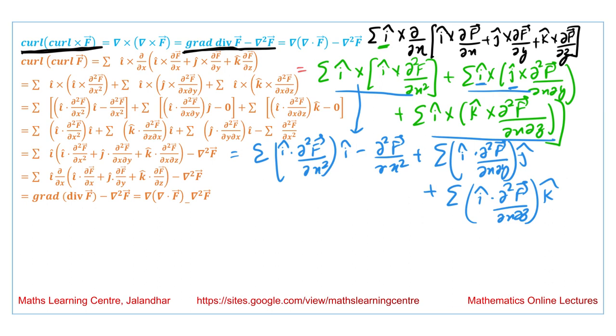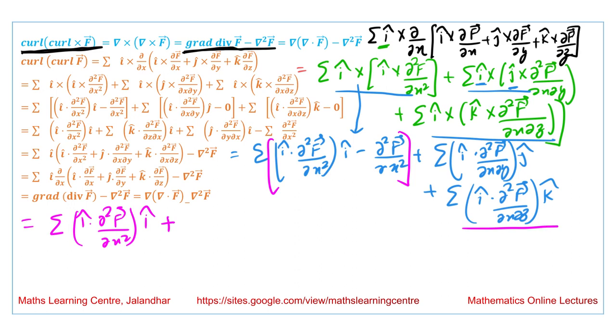Now, if we separate all these terms, we obtain in bracket over here sigma i cap ∂²f vector/∂x² i cap, plus the next term, sigma k cap dot ∂²f vector/∂z∂x into i cap.